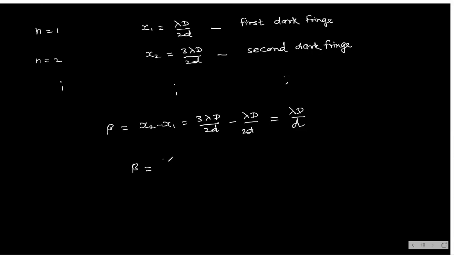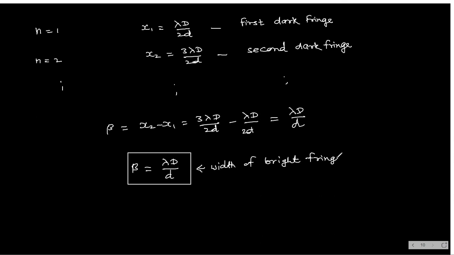And as I told, all fringes, either dark or bright, will be of the same width. That's why this formula gives you the width of the bright fringe. Why is the width of the bright fringe coming from the dark fringes? Because it is in between two dark fringes. A bright fringe is in between two dark, and dark is in between two bright. Understand? Width of bright fringe.